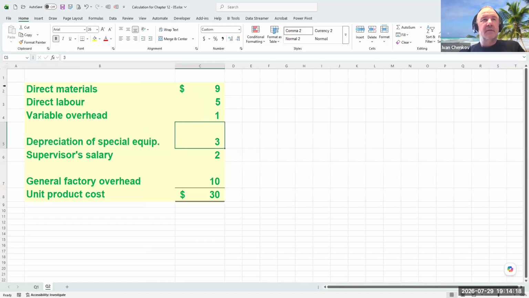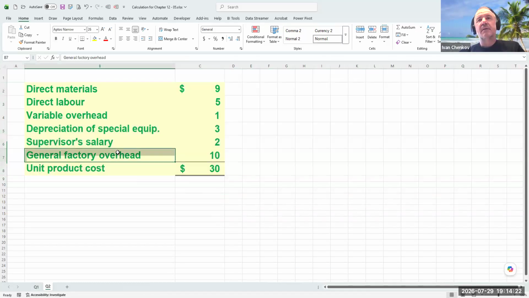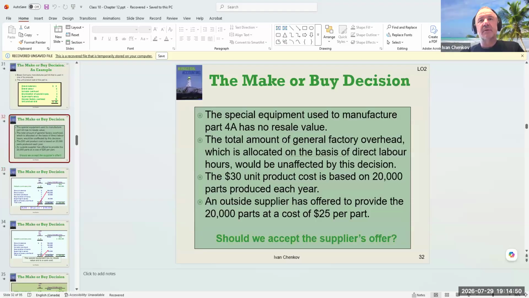Now, magically, once we have the cost of our product, somebody comes and says, hey, I'm here to save you. I can see that your cost is $30, and I want to give you the same product for a different price. Now we have to decide, shall we take this offer or shall we not?